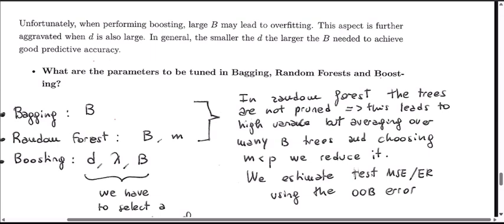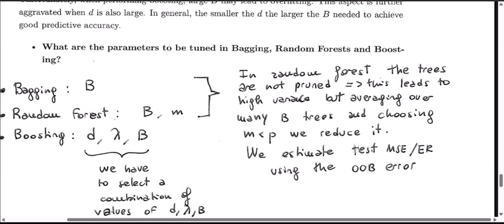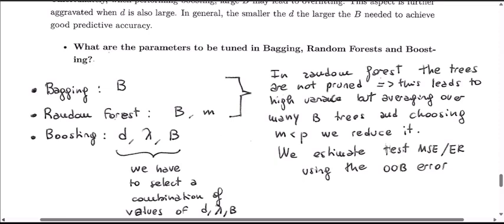Now, I think I can also ask you some questions in the exam about some of these things. What do these three have in common? Okay, bagging. We're using just the parameter B, the number of bootstrap samples. But in random forest, in addition to the parameter B, we're also considering the random selection of a subset of the features, which I'm going to call M. Now, for boosting, we have three parameters.